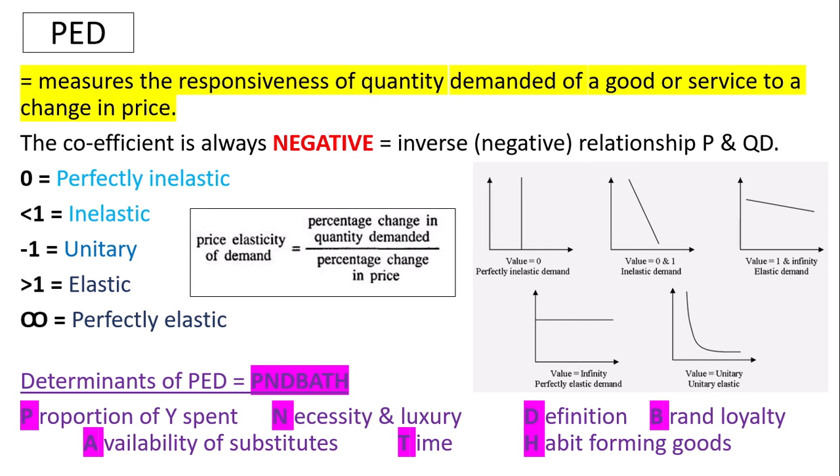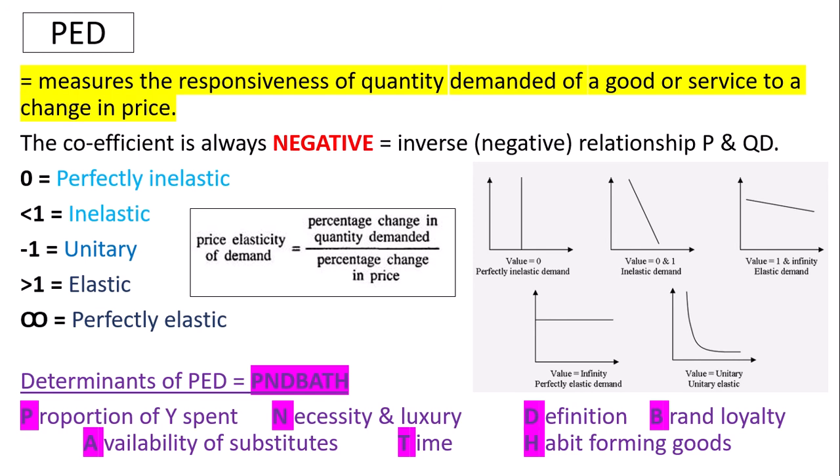So a quick explanation is if something forms a large proportion of your income, i.e. it's very expensive, it will have an elastic demand. Okay, and if something forms a very small proportion of your income, it will not have a big response in demand if its price increases. So it will be inelastic. So think, for example, compare two products. A car, for example, would form a very high proportion of someone's income.